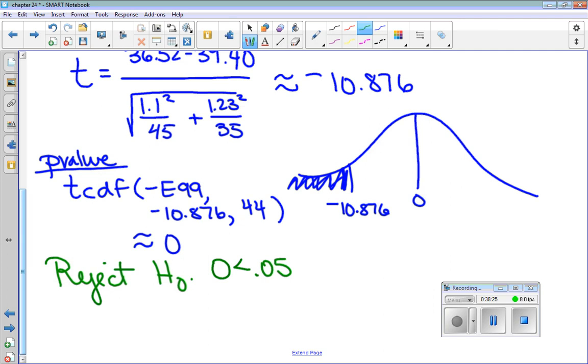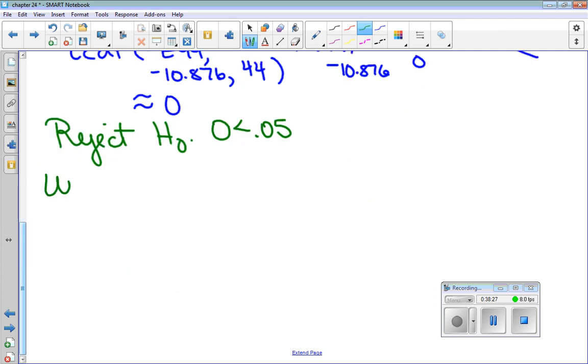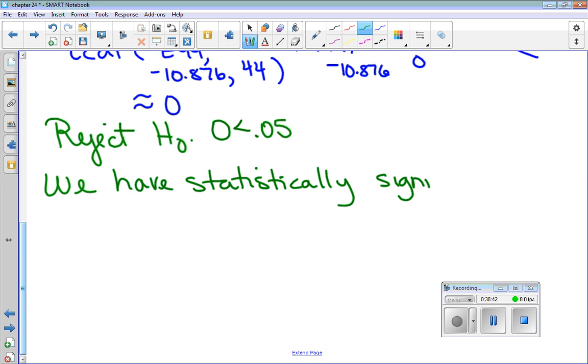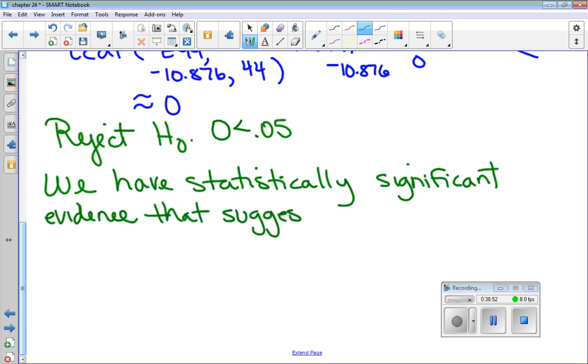I'm embarrassed. Okay. So we would say that we have statistically significant evidence. We have strong evidence, would be a short way to say that. That suggests, don't you love all this vagueness?